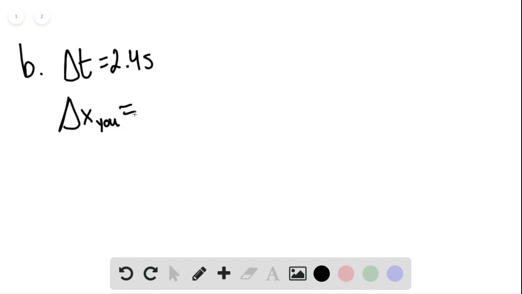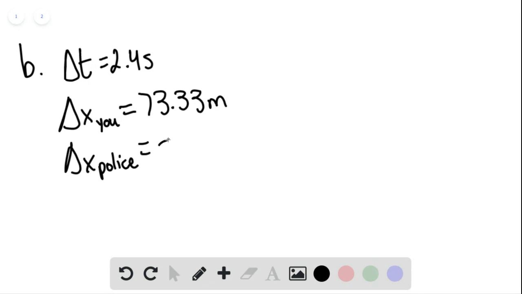For part B, we're going to add 0.4 seconds to the considerations of part A. So here delta t equals 2.4 seconds, and during this time, you're traveling 73.33 meters, and the police car that is decelerating has traveled 58.93 meters.